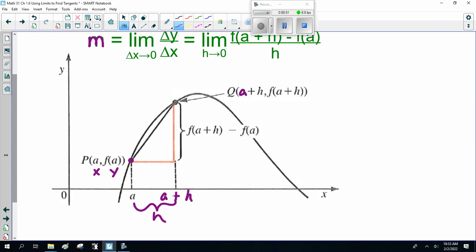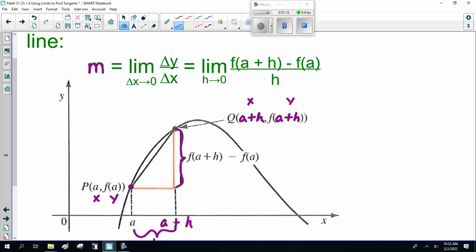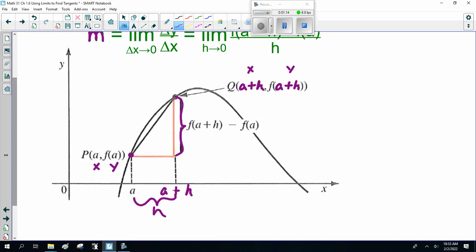So Q is a plus h, and our y value becomes f of a plus h, because we're going up that much. Anyway, if we plug those numbers in, we get this formula. Note here, my change in x is a plus h minus a, the original, which is just h.